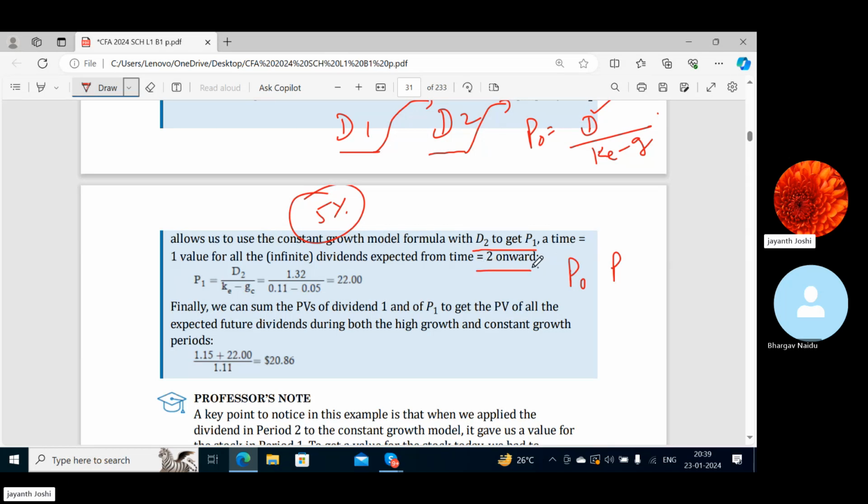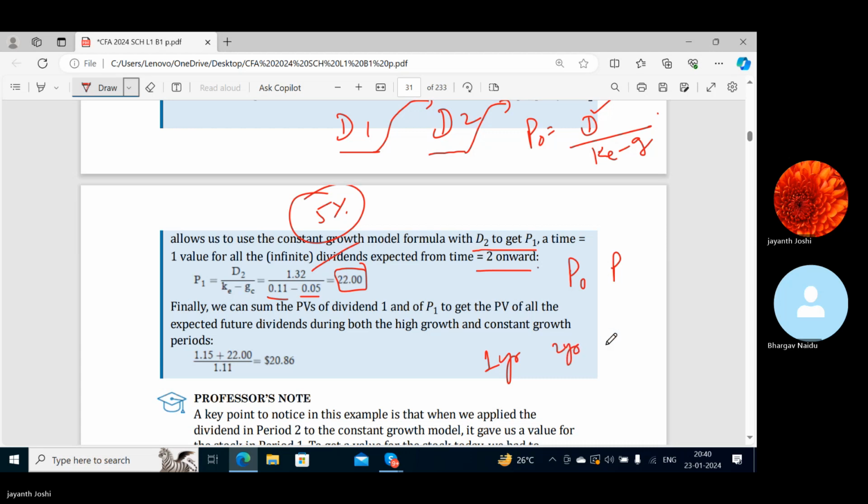So the dividend at the end of year 2 is 1.32, and the cost of equity is this, and the growth factor is this from the second year onwards. That means from the third year's first day onwards it's going to grow at the rate of 5%, and you got the stock value 22, right? This is the stock value at the end of year 1.